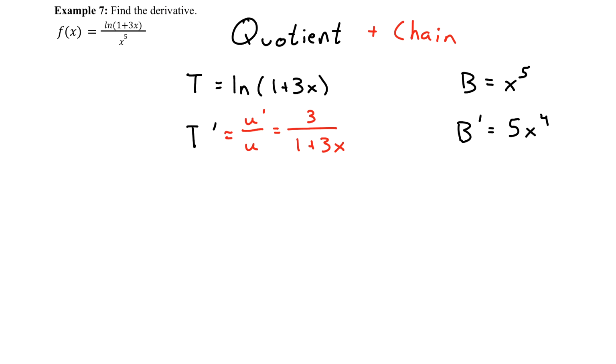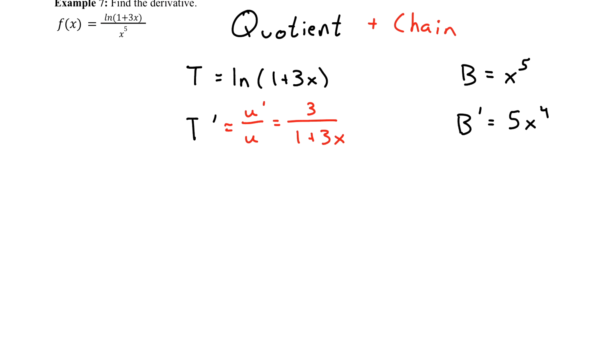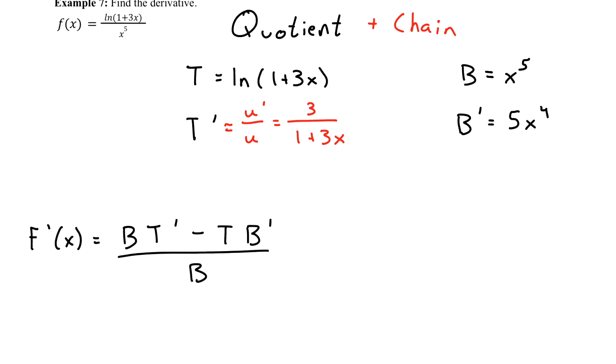So these are some more complex looking functions. I'm going to go ahead and write out my whole quotient rule formula. So if I want to find f prime of x, that says low d high minus high d low, square the bottom, and away we go.